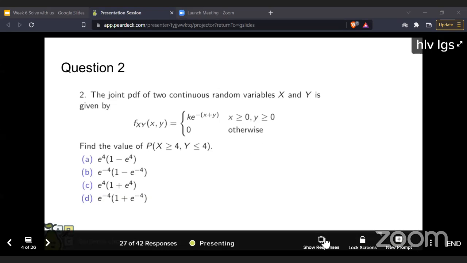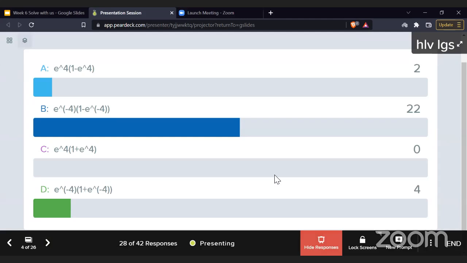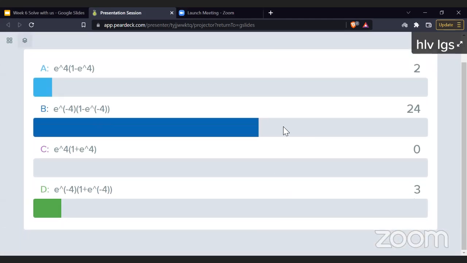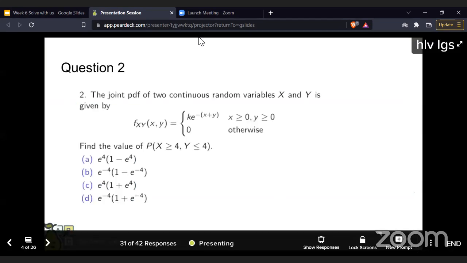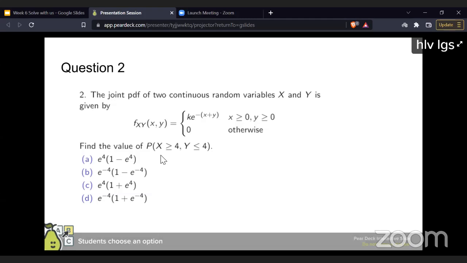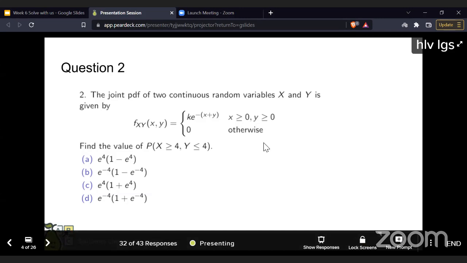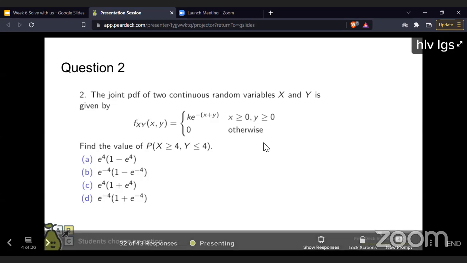So let's look at the responses. Most of you have answered option B. Here we had to find the probability that x is greater than or equal to 4 and y is less than or equal to 4.